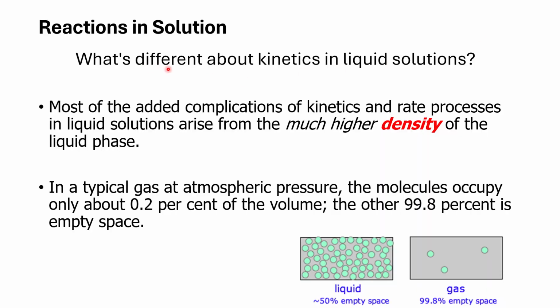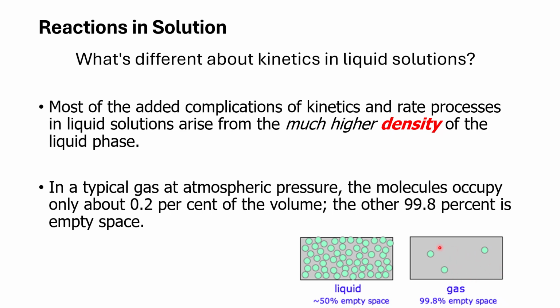And what's the difference about the kinetics in liquid solutions compared to the gas phase? Most of the added complications of kinetics and rate processes in the liquid come from the density of the liquid phase. In a typical gas at atmospheric pressure, the molecules occupy only 0.2% of the volume, whereby 99% is empty space.